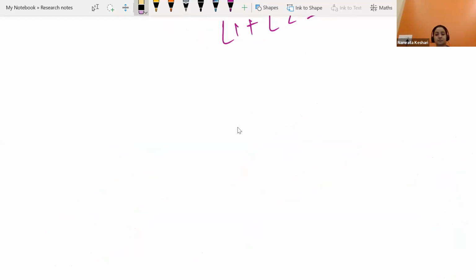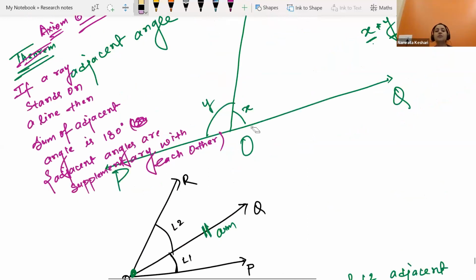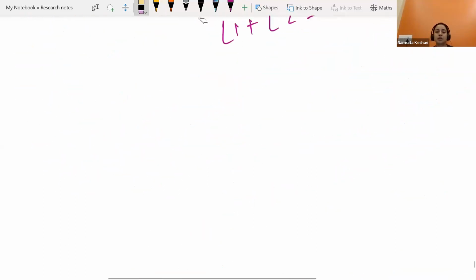Ma'am, is there any theorem for proof in this chapter? No, we will be solving questions. But in our school there are 2-3 theorems to prove.